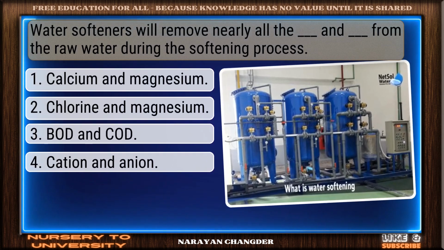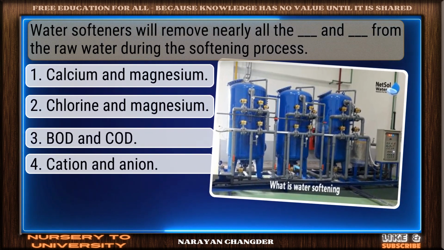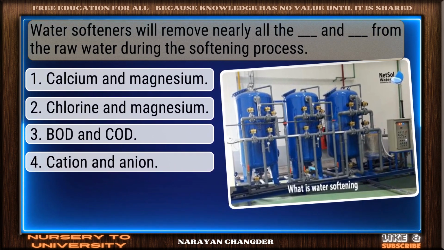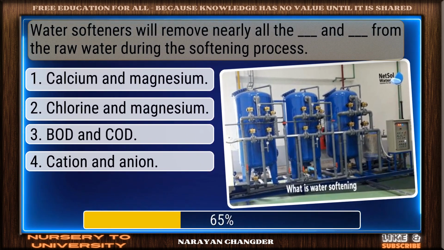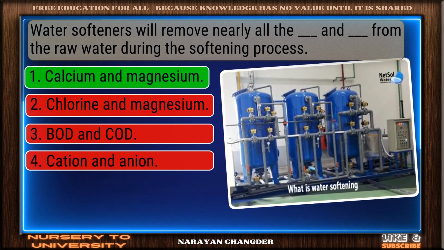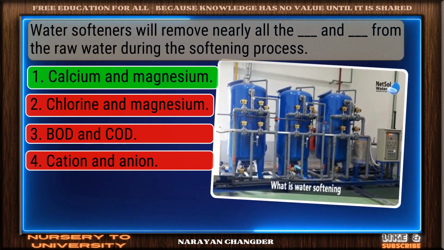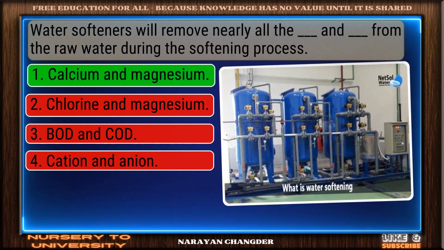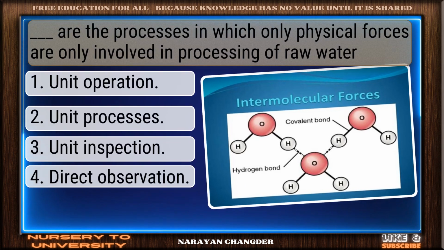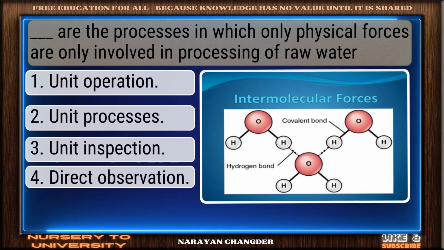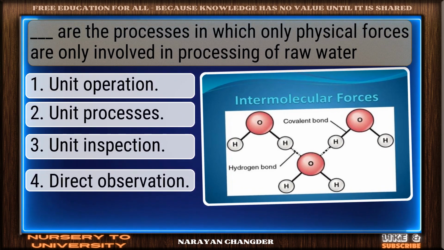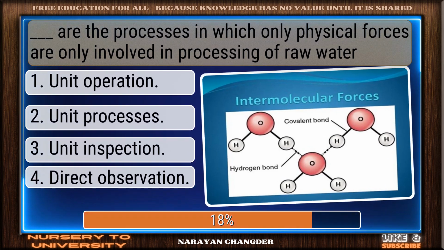Water softeners will remove nearly all the dash and dash from the raw water during the softening process. Great thinking. Calcium and magnesium is the right choice. Dash are the processes in which only physical forces are involved in processing of raw water.